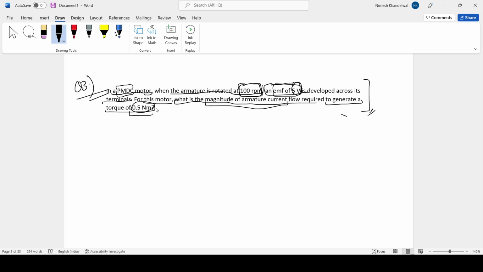So we want to know how much current I should pass through this coil to get this much torque. Basically we'll have to use both the formulas that we have seen above.